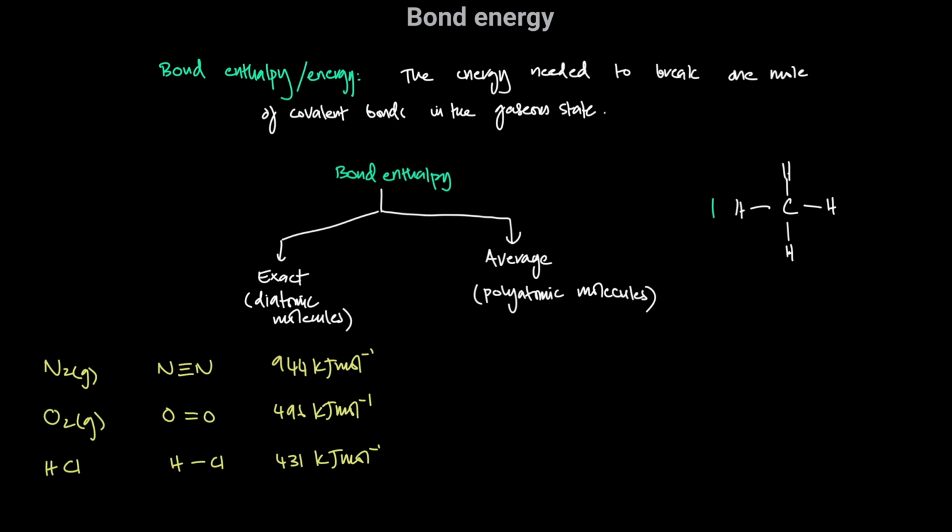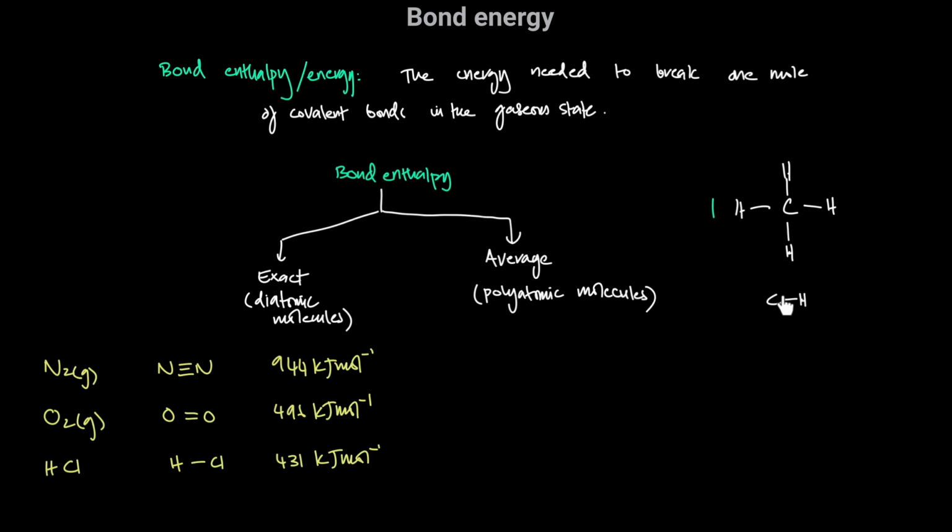We ended up breaking how many moles of bonds? 4 moles. The energy required each time I break a bond may be slightly different, but I've broken a total of 4 bonds, and I can take the average of the 4 bonds, and I get the average C-H bond enthalpy for methane.